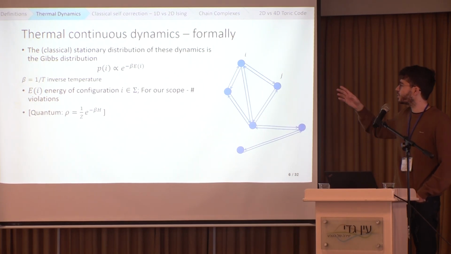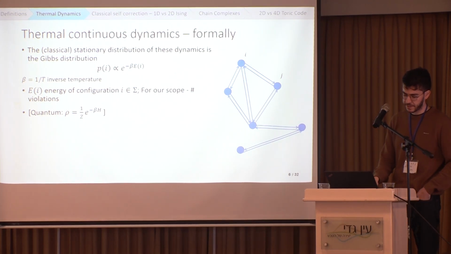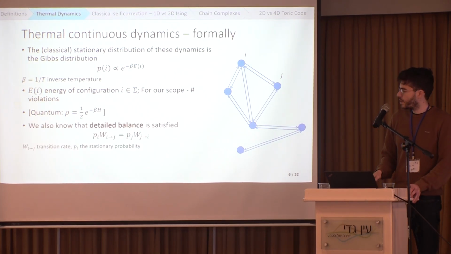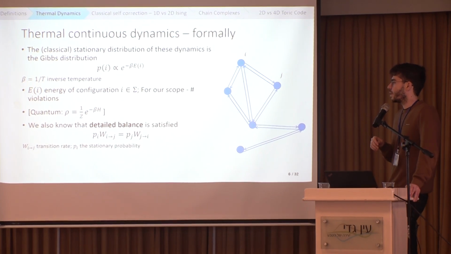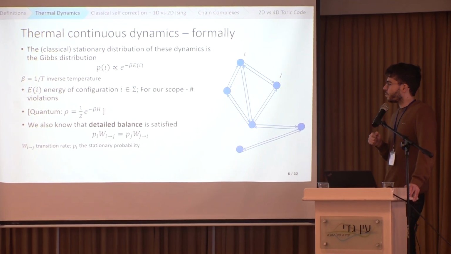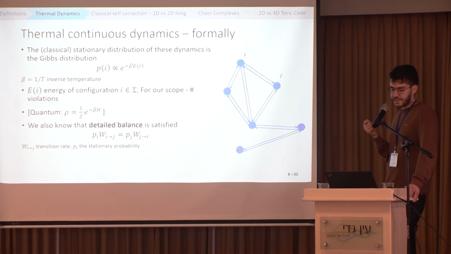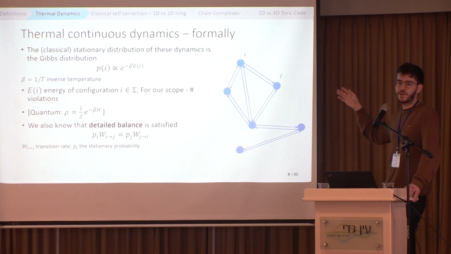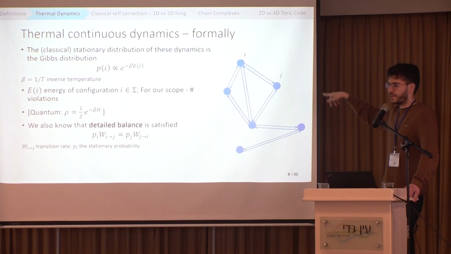In the quantum version of the Gibbs distribution, we'll have the Gibbs density matrix. And we also know that in this case, we have detailed balance, which graphically here means that the net current of each edge here is 0.